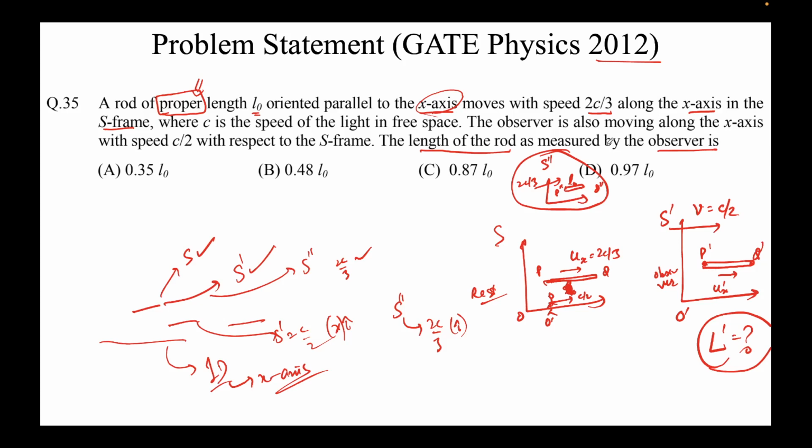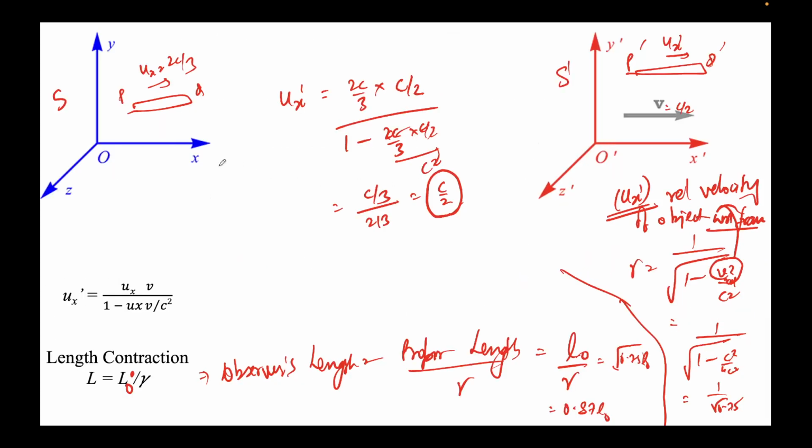Okay, I'll start from here. A rod PQ is given whose proper length is L naught. It's moving at 2c by 3 in this S frame. And this S frame also has an observer O prime, moving at c by 2, right? Now this frame I have drawn with respect to this observer because we are interested in this observer.